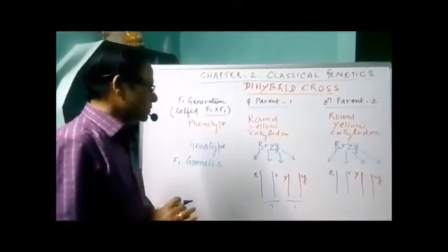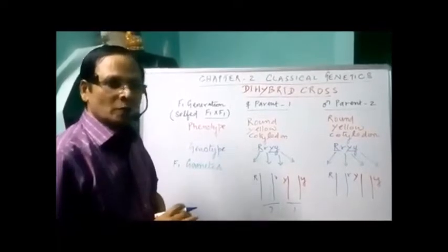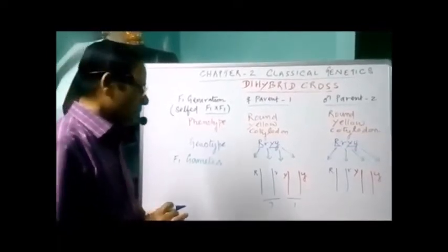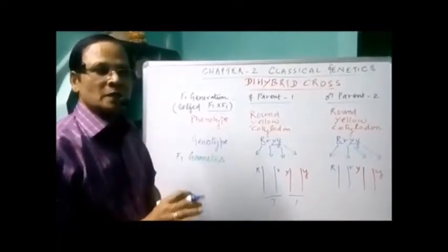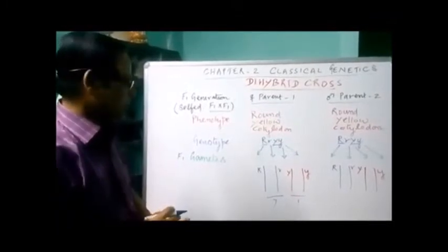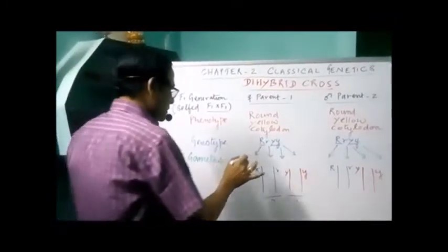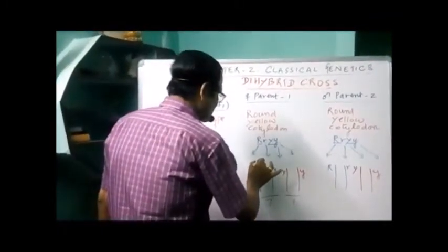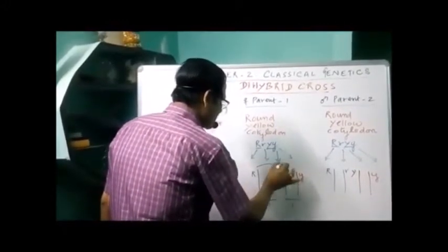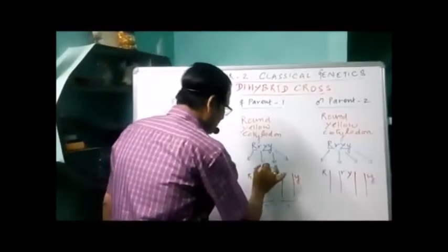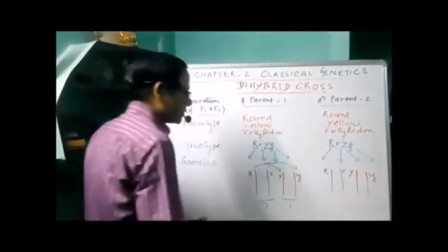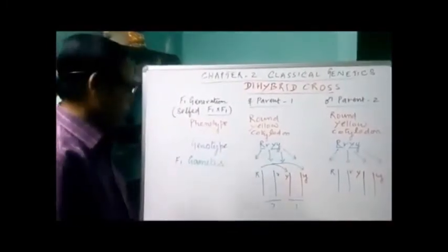As they are present on different chromosomes, one pair of alleles or characters assorts independently of the other pair of characters. The meaning is that the chromosome with the capital R gene may combine with capital Y, or it may combine with small y. This is what is called random combination.